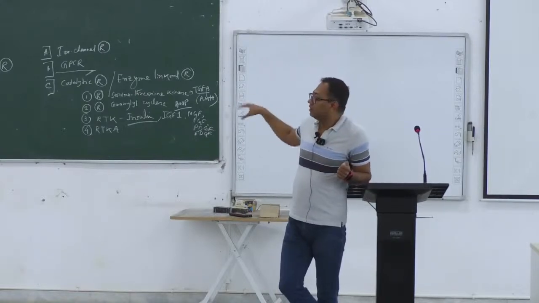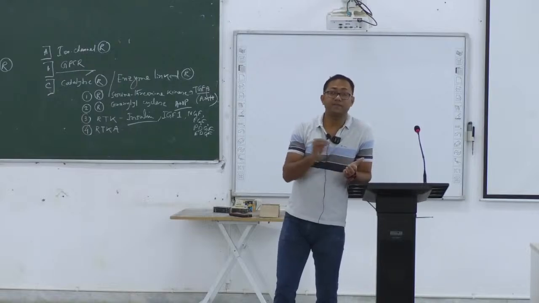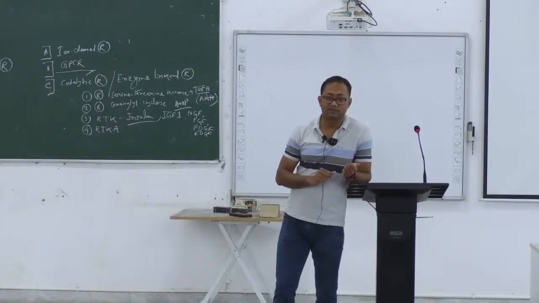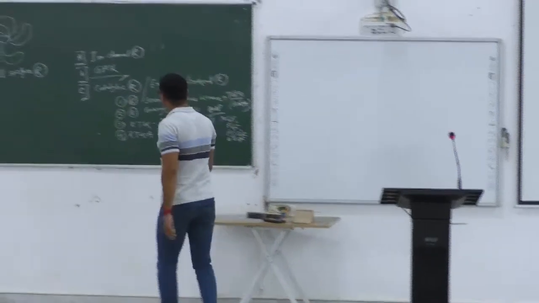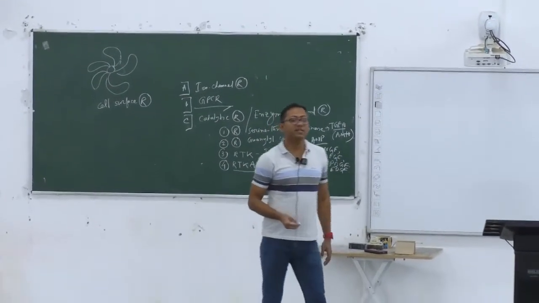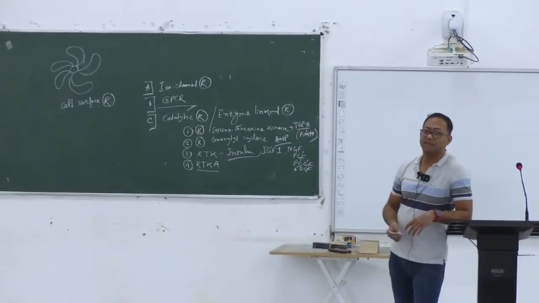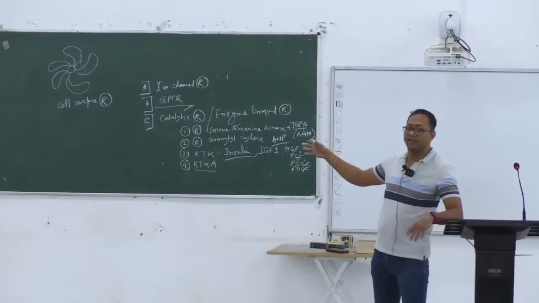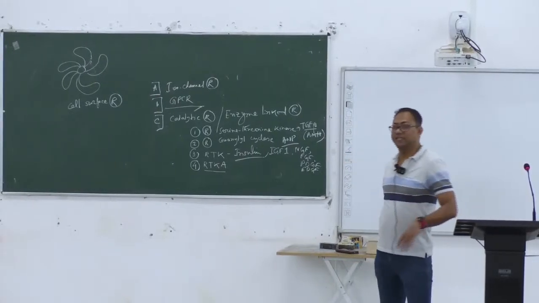So from the very molecular level, you can identify that insulin is a growth factor because it binds to tyrosine kinase receptor, right? Now receptor tyrosine kinase associated, RTKa, is another classification under enzyme linked receptor. The fourth classification is very similar to RTK, but it is receptor tyrosine kinase associated.